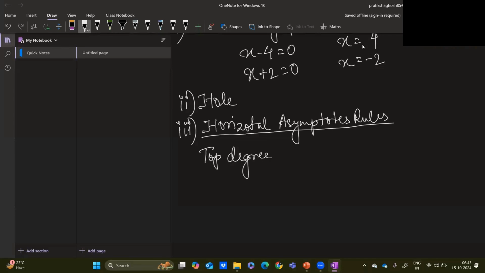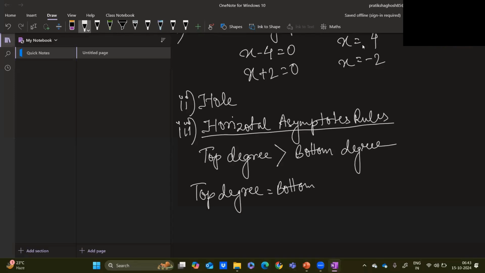Let me write down first: top degree bigger than the bottom degree, top degree equals the bottom degree, and top degree lesser than the bottom degree.